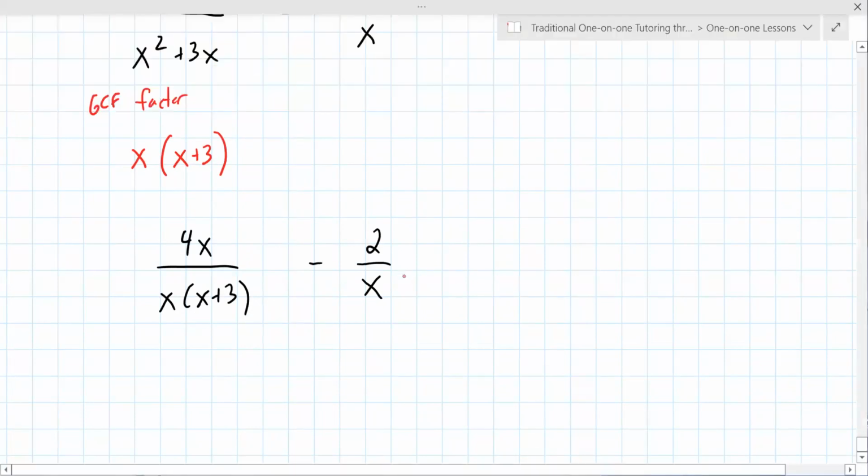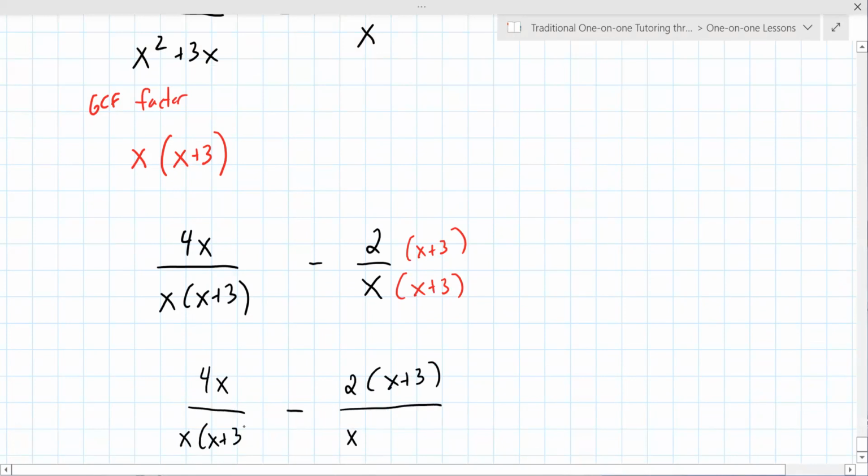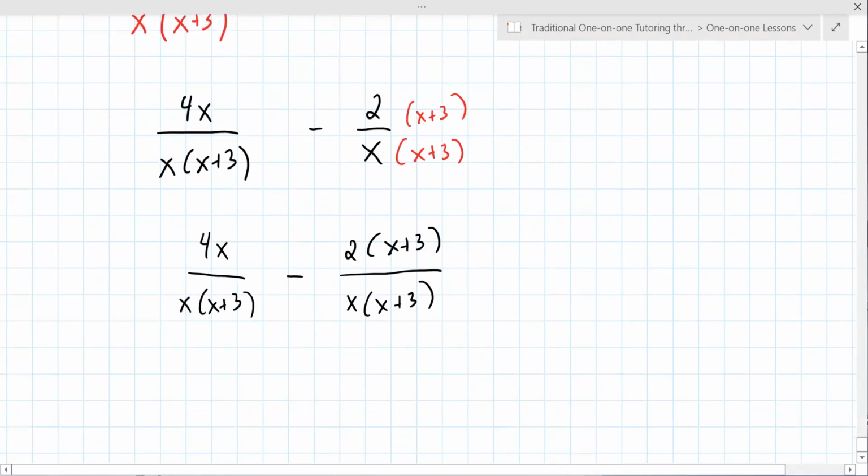That's right. And the one on the right is missing an x plus 3. So this is 4x over x times x plus 3 minus 2 times x plus 3 over x times x plus 3. Could you work this out from here, simplifying the top?